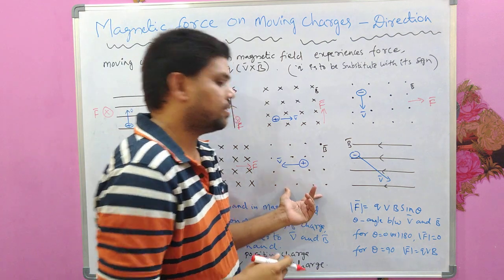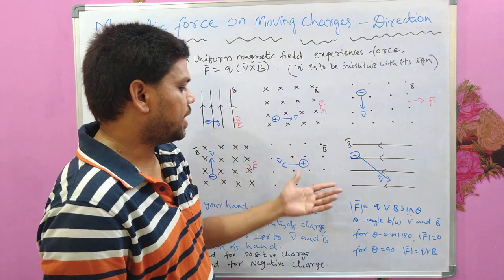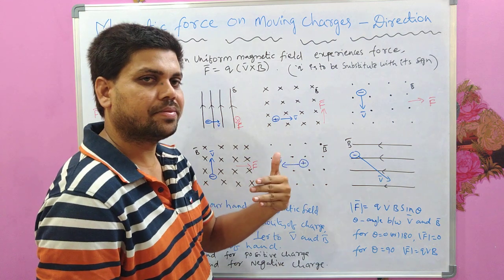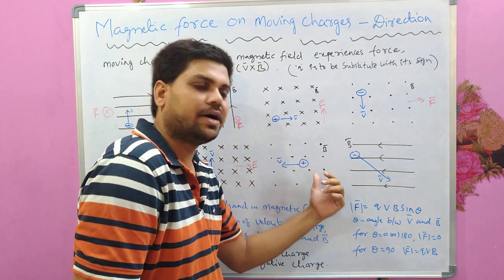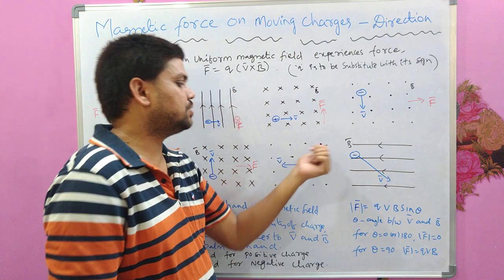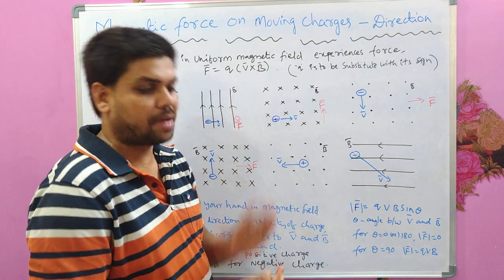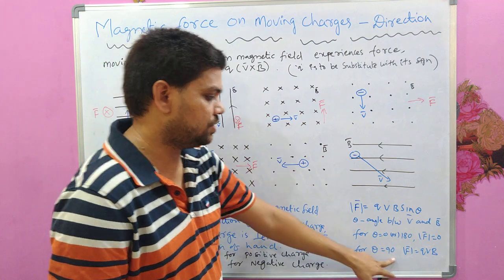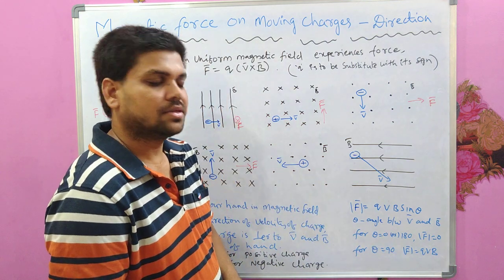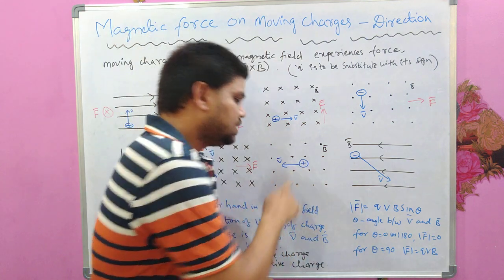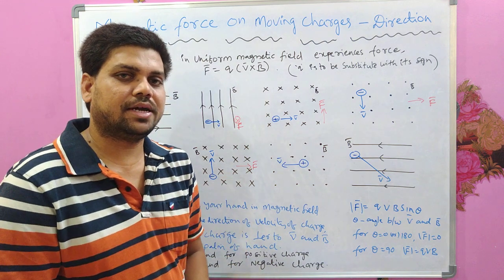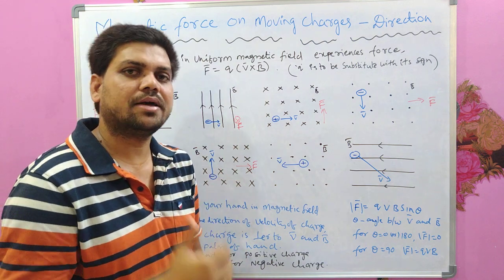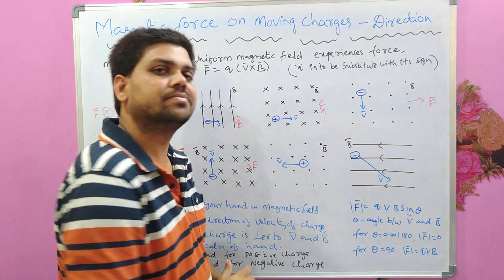Now see this example. The magnetic field is outwards and a positively charged particle is moving at right angles to the magnetic field. So the maximum force is experienced by this charged particle. Now since this is a positively charged particle, use your right hand for predicting the magnetic force on this.